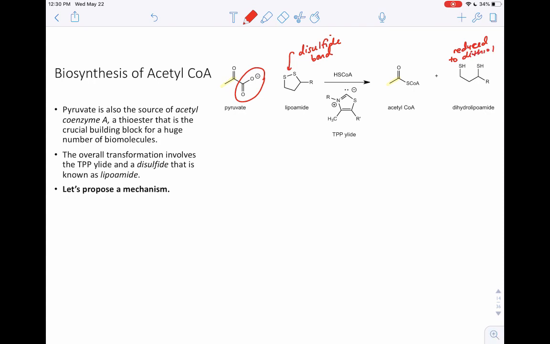So we have a reduction of the disulfide bond to the dithiol, and then we have an oxidation occurring here. Right, we have 2 bonds between carbon and oxygen versus 3 bonds between carbon and heteroatoms in acetyl-CoA. So reduction of the disulfide bond and oxidation of this carbon in pyruvate.